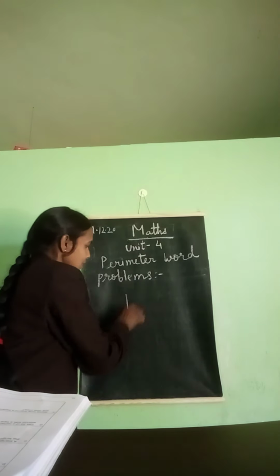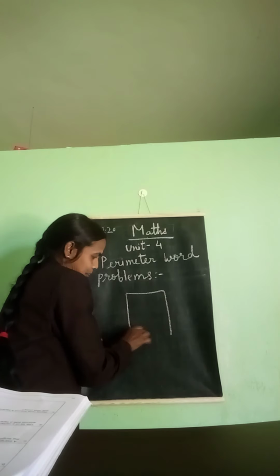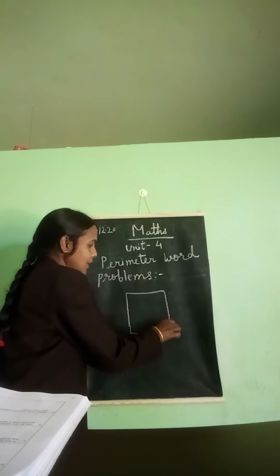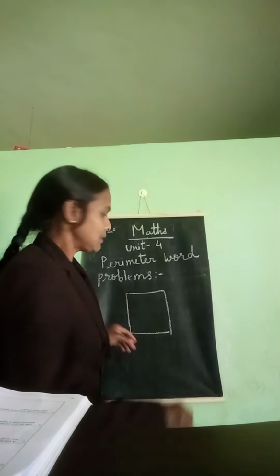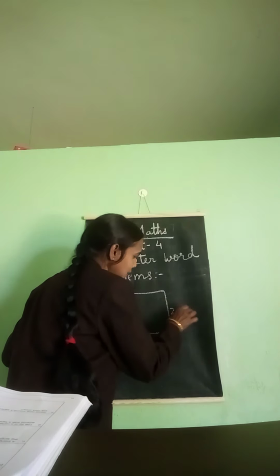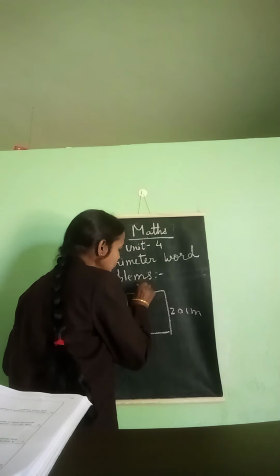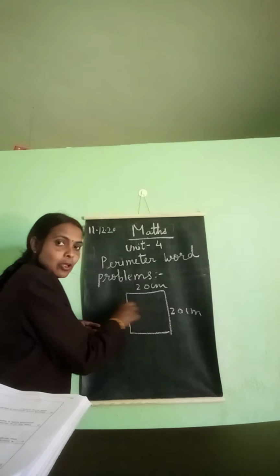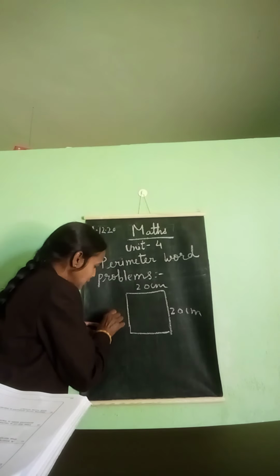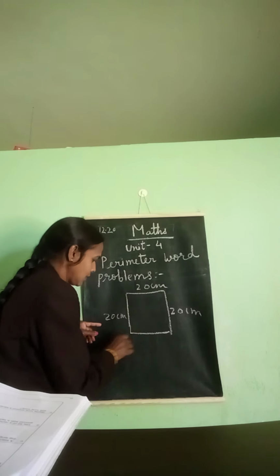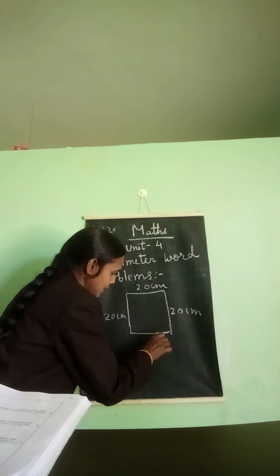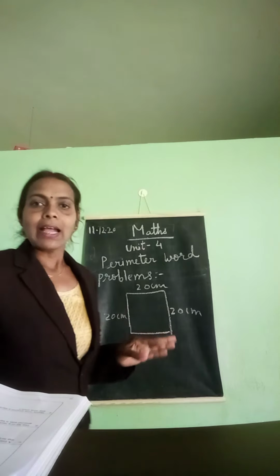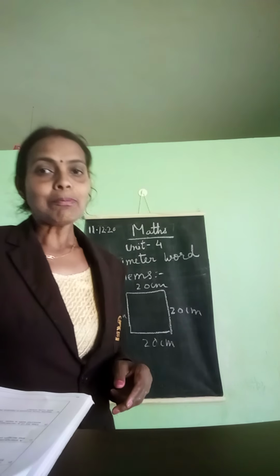This is a square sheet of paper, and the length given is 20 centimeter. Square means all the sides are equal, so all the sides will be 20 centimeter.